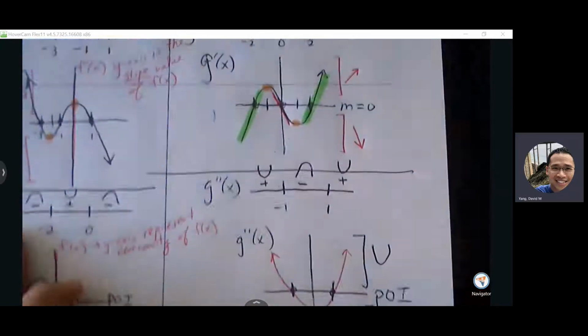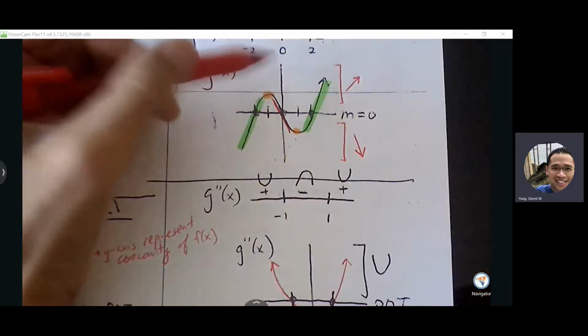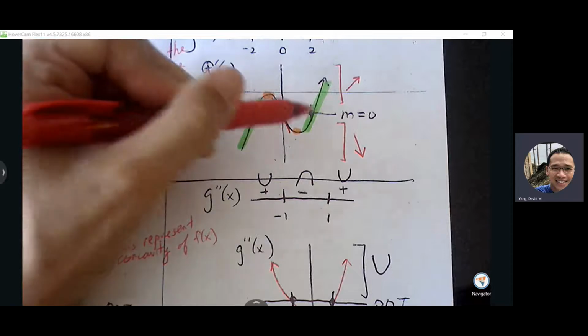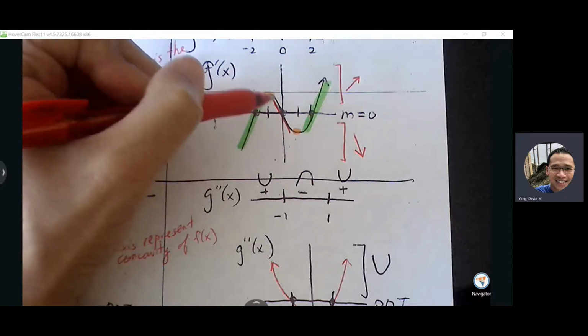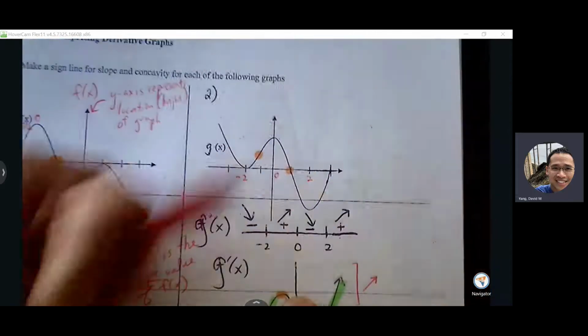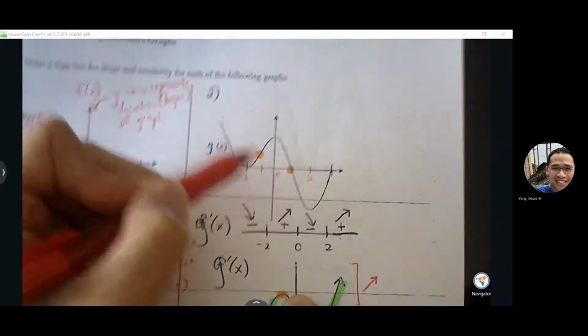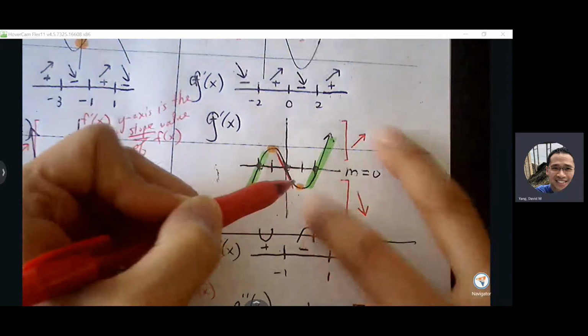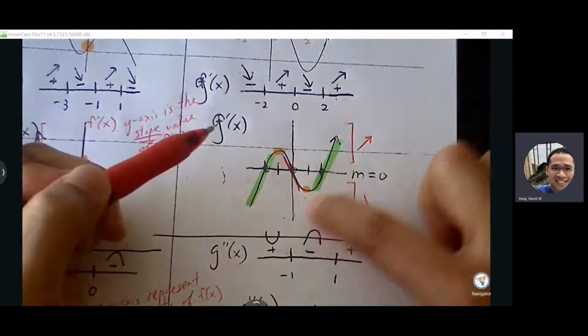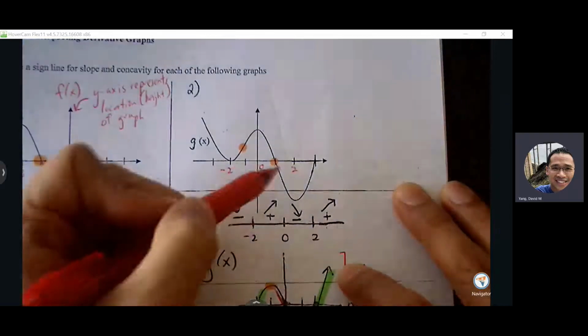So if I ever want to figure out concave up, concave down on the derivative graph, let's look at the slope. So this is where concave up occurs, concave up occurs, concave down occurs. So concave up up until -1, right? Concave down, negative slope is going to translate to concave down, and then positive slope on the derivative graph is going to translate to concave up.